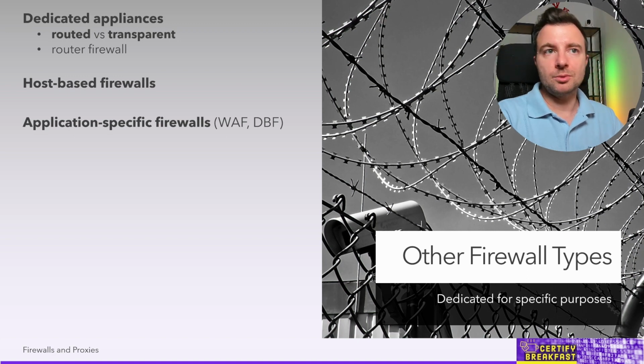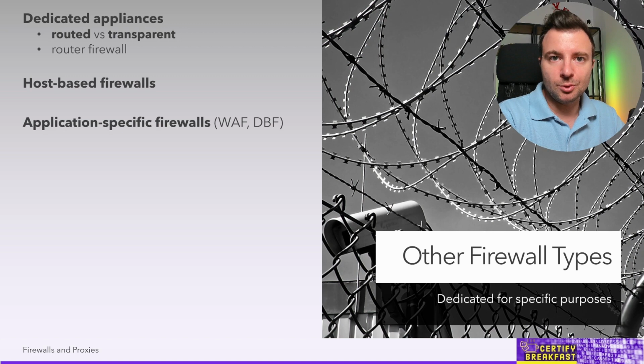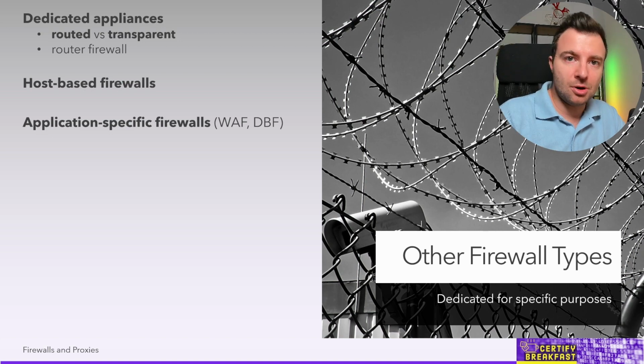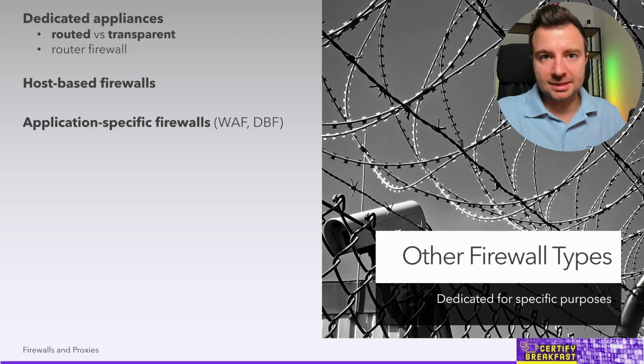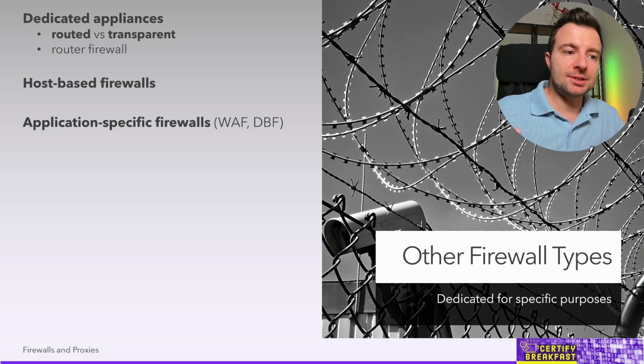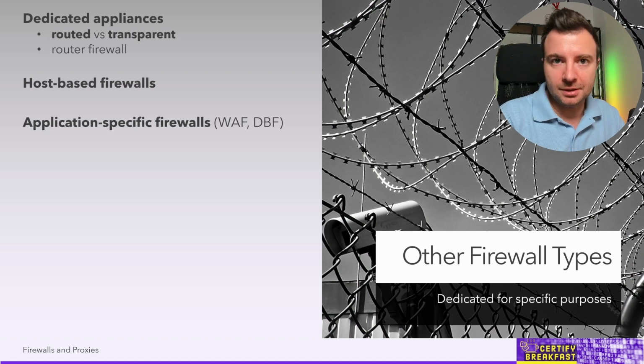Also on this topic, we have database firewalls, which are specifically designed to detect SQL injection attacks, remote procedure calls onto databases, and attempts to execute complex queries that might cause a denial of service to the database engine. So they're basically specific applications that know the language of that database server, the specific flavor of SQL perhaps, and they know how to detect any potential attacks that might target those.